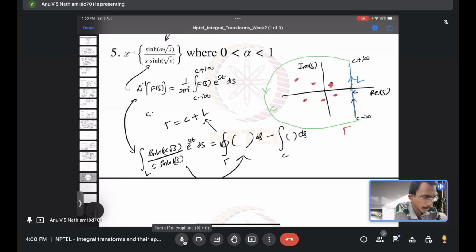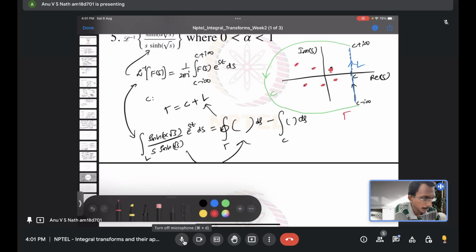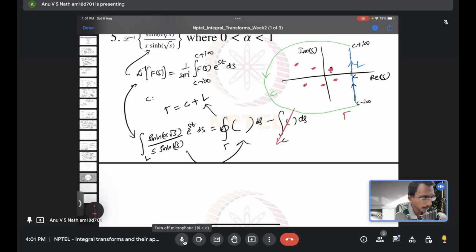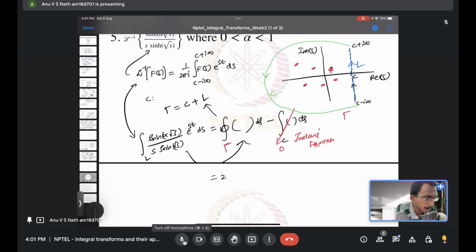I think you have watched the lecture videos, where it is explained that the integral over C can be shown to vanish using Jordan's lemma, and the integral over the entire closed contour equals 2 pi i times the sum of the residues of this function over all the singular points. That's what we are going to use here.